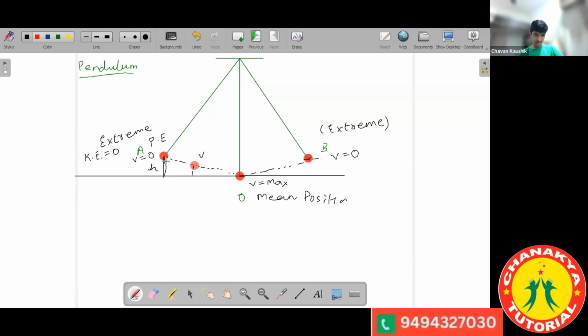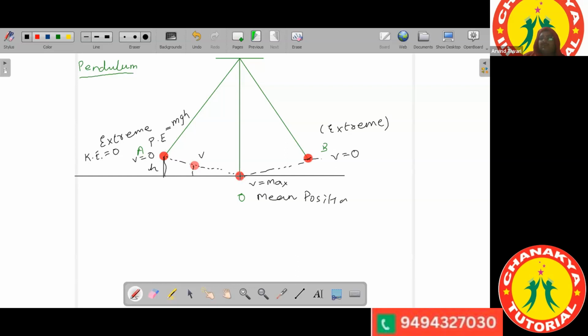Okay. When it comes down to the position O, it is gaining speed but losing its height. Since potential energy was given by mgh, it was at a certain height h. It had potential energy.